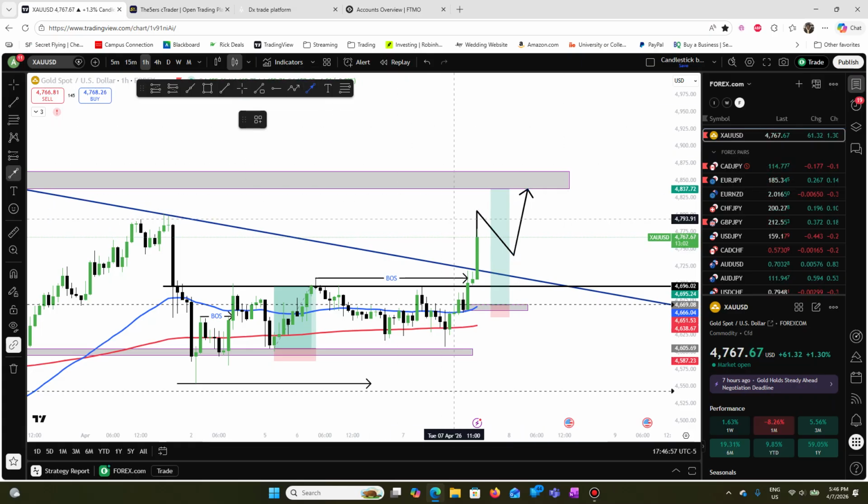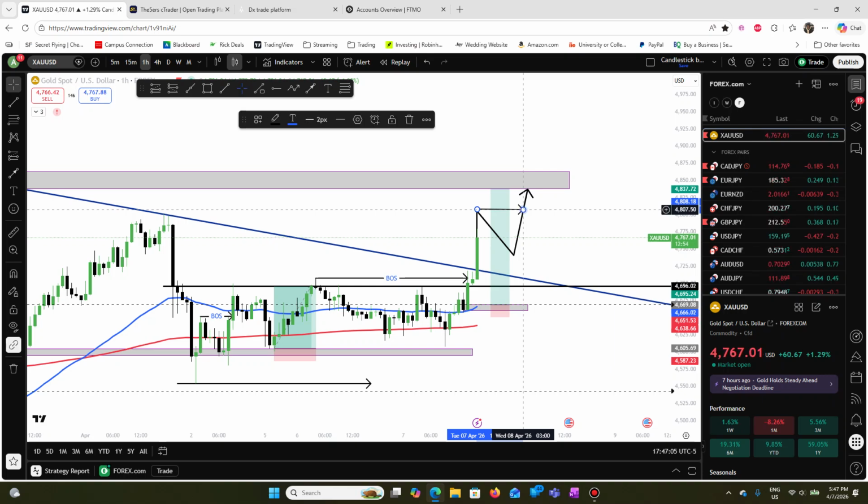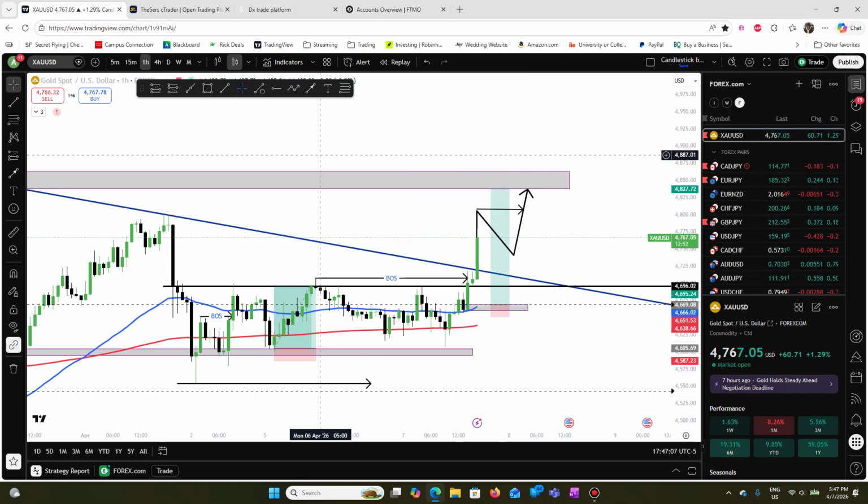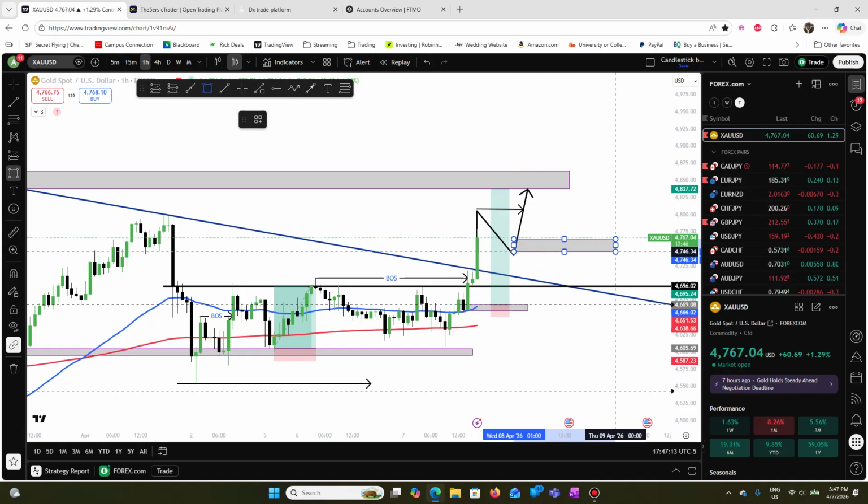So if it goes up and then creates a lower high, when this high gets taken off, we're going to see if we can find a demand zone somewhere here to take the next trade up to the zone.